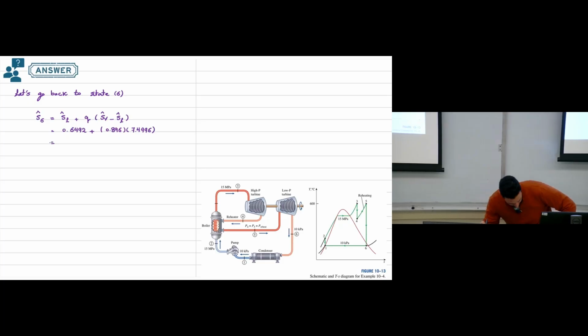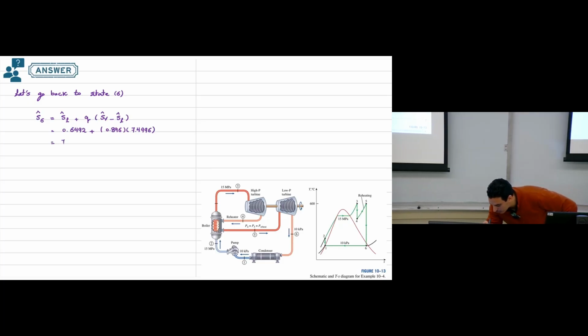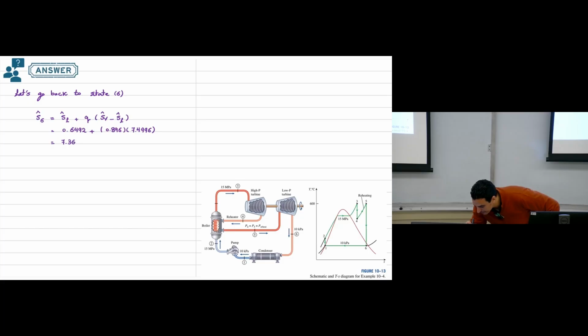Then the entropy at point number 6 will be 7.3688 kilojoule per kilogram Kelvin. So now I get entropy at point number 6.